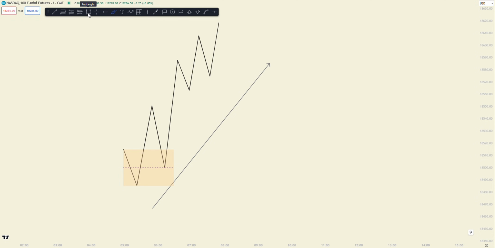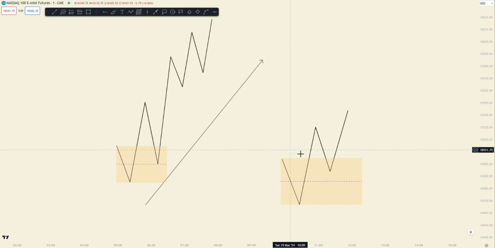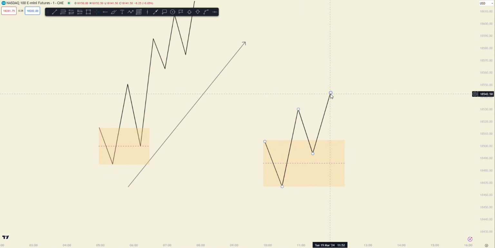The second rule is if we have a swing point, and let me just draw a very simple swing point here. We did dig into the swing point, but we've yet to use 50%.